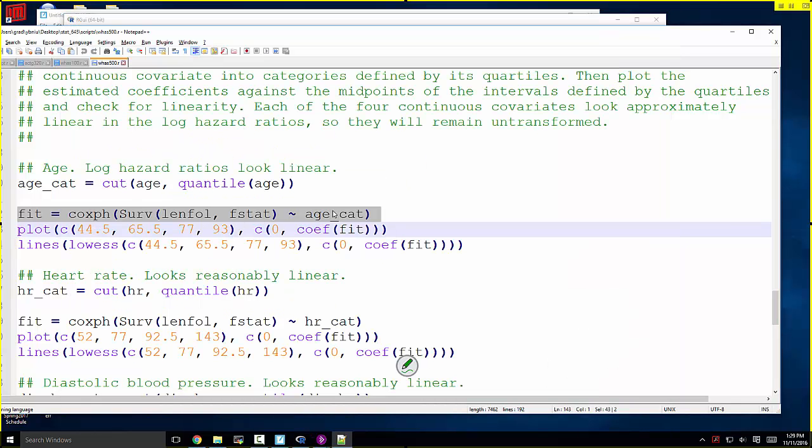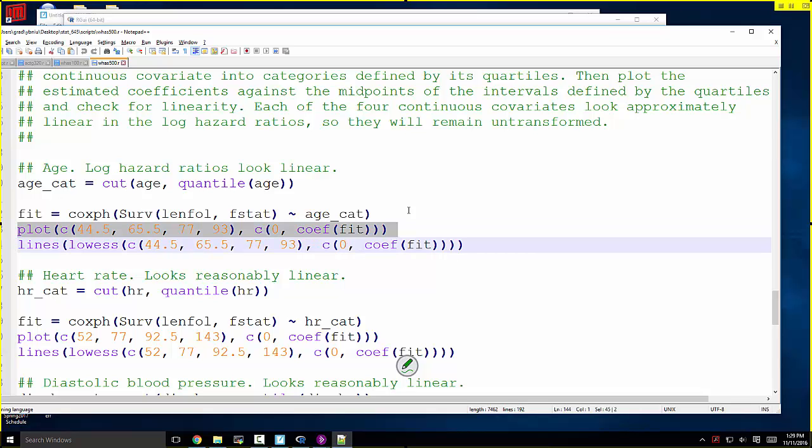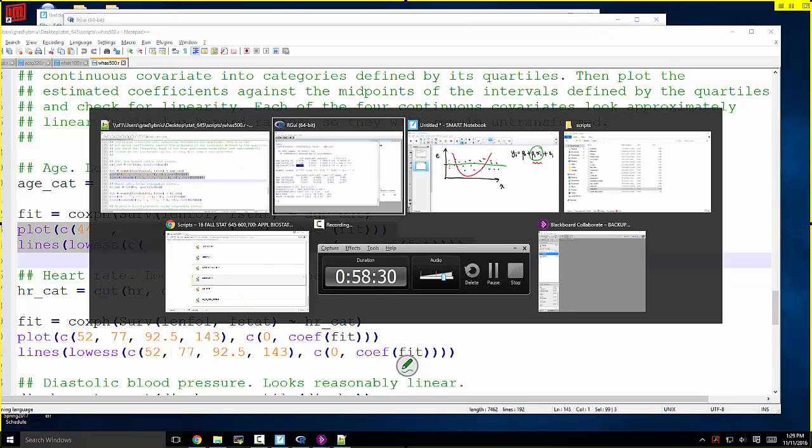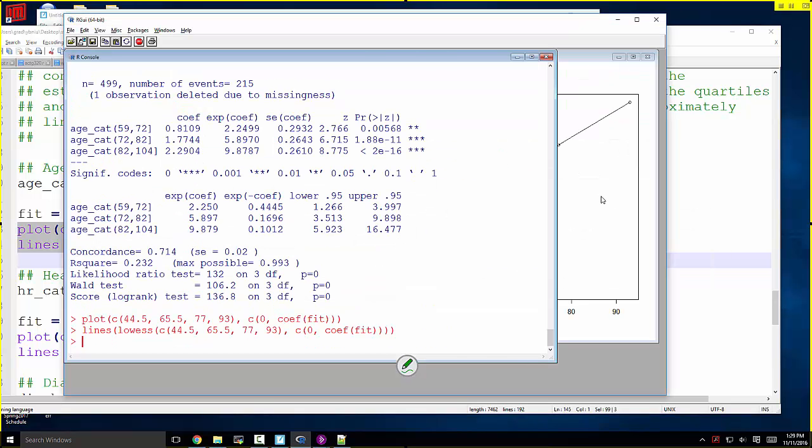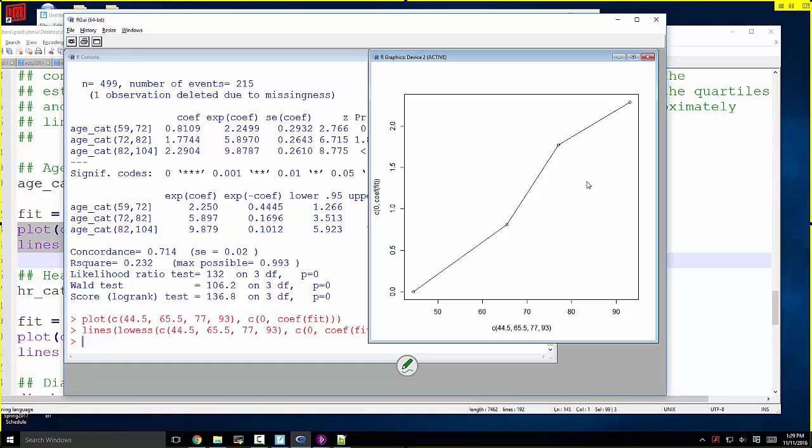So what I'm going to do here is, these are the midpoints of the intervals that we just defined. And I'm going to plot the coefficients that correspond to each of them. The question is, does it look roughly linear? So that looks roughly linear. As far as I'm concerned, I'm comfy with assuming that age is linearly related to log hazard.